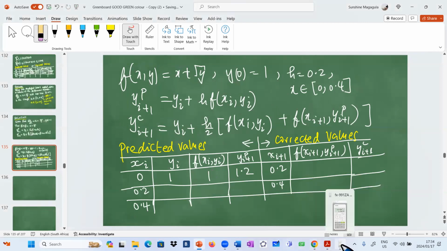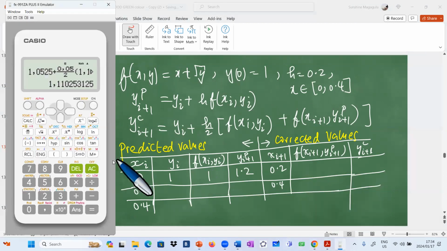So ideally, that is going to be x, which is 0.2, plus the square root of the y, which is 1.2. Answer. Okay, that's fine.